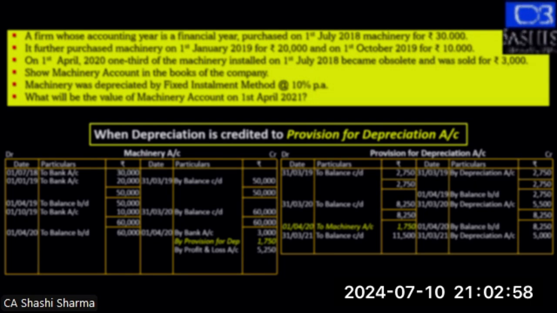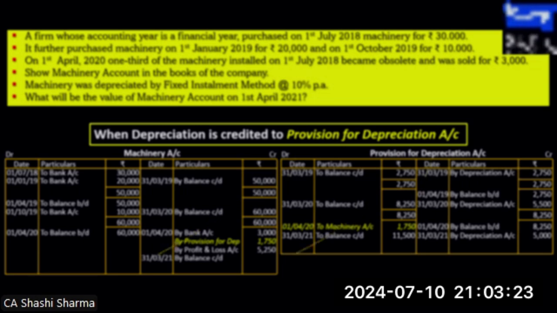In the balance sheet, we will show machinery on the asset side as rupees 5250, and below that we will deduct depreciation in the inner column, rupees 5000. But first of all, let's find out the balance of machinery.